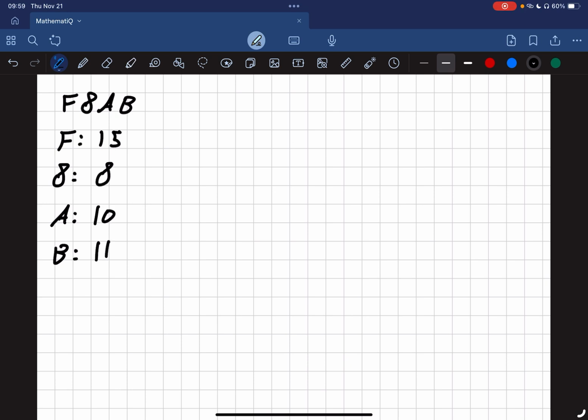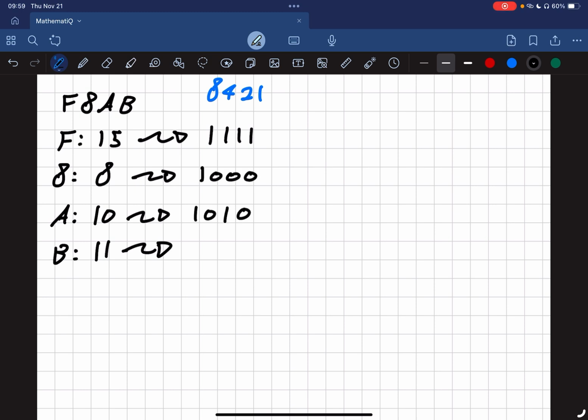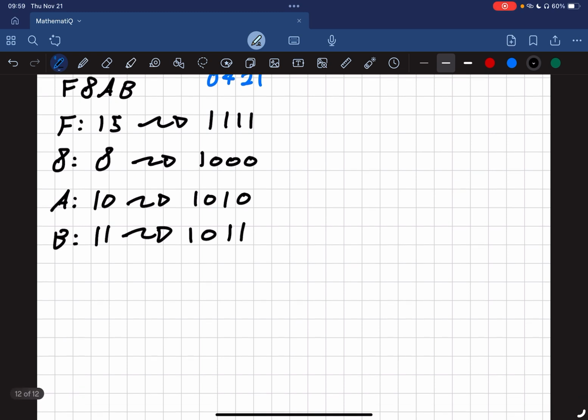Okay, and then we just want to convert these to binary, and then we want to put it all together. So this is going to be 1, 1, 1, 1, because I'll put the weights up here for all of them. This is 1, 2, 4, 8. 8 plus 4 plus 2 plus 1 is 15. And then 8 is just going to be 1, 0, 0, 0. 10 is going to be 1, 0, 1, 0. And then 11 is going to be 1, 0, 1, 1. Okay?